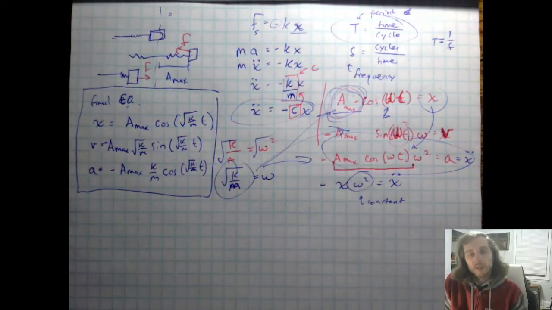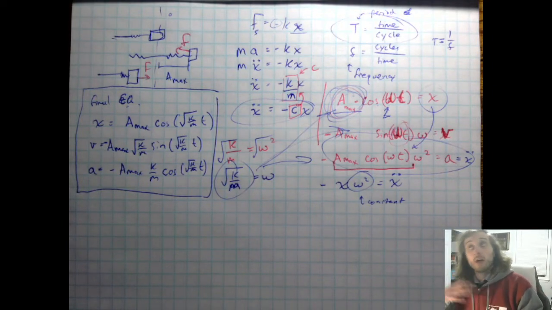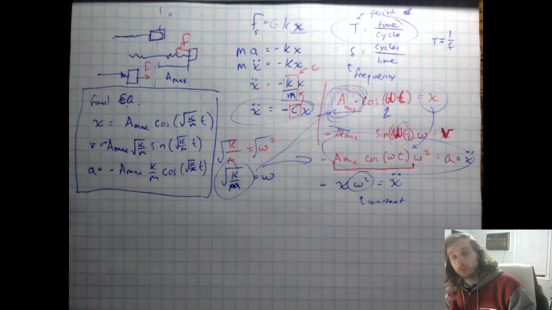The last thing that we can do is think about how a sine or a cosine function works. Every time the inside of the function reaches 2 pi, we'll have completed a full cycle of sine or cosine.